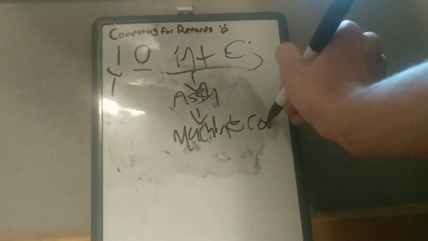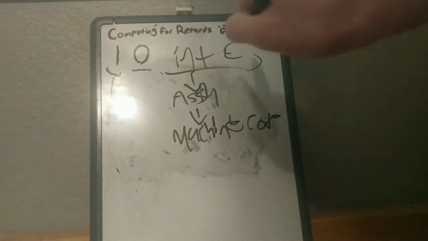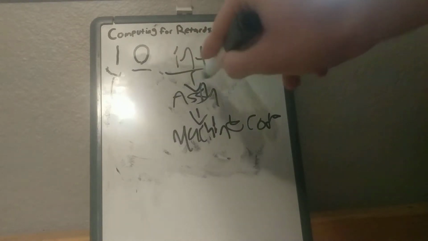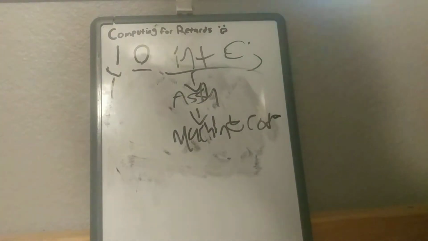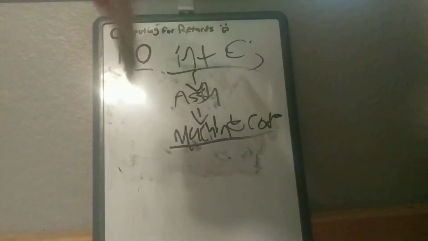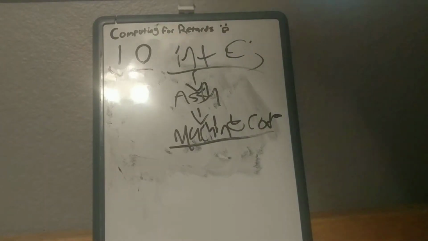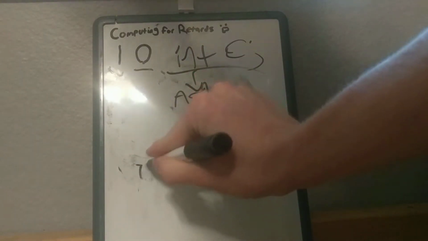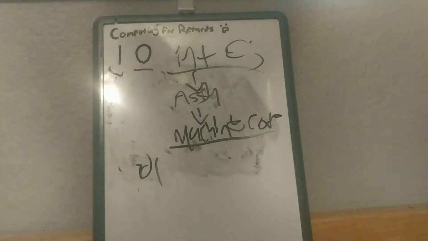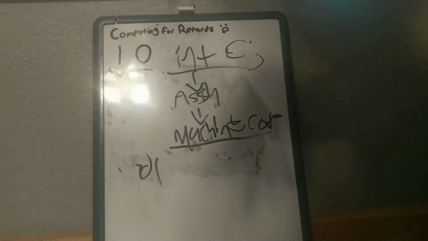We have our C, which gets compiled to assembly, which gets assembled to machine code. The only thing the computer actually understands is machine code. That is the language of the computer. That is the only thing you can talk to the computer in. What's machine code? Ones and zeros. You knew it. And usually represented as hex, but that's a story for another time.